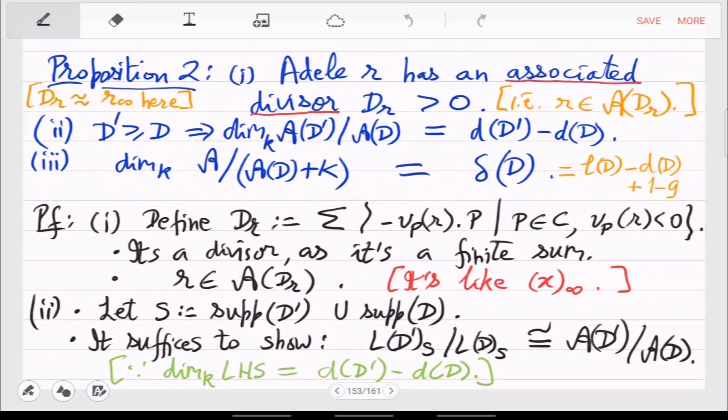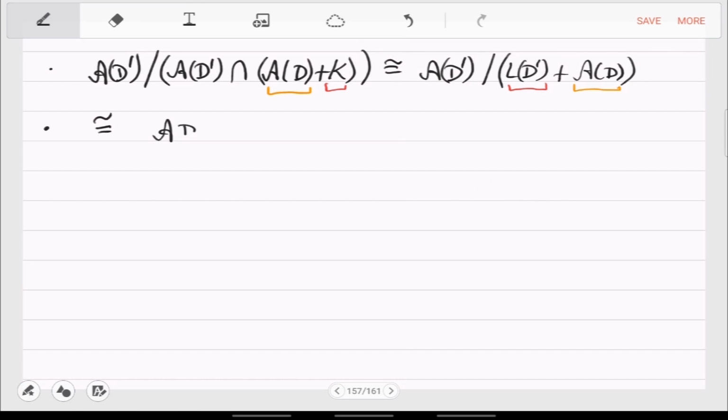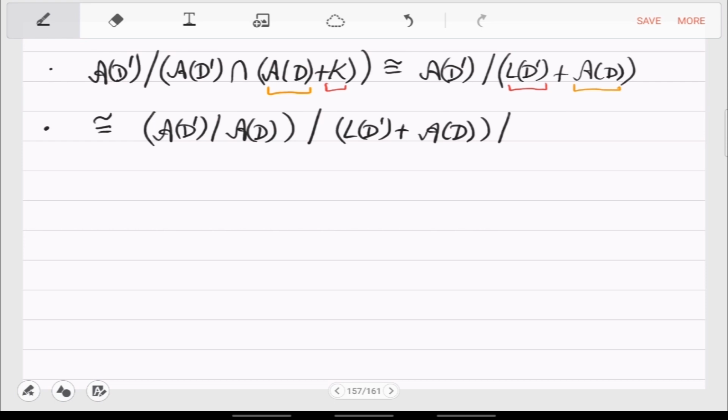Property 2 is something that we know exactly. So we want to reach AD prime mod AD. That's the goal in this calculation. So let us just jump to that. So AD prime mod AD mod LD prime plus AD mod AD.